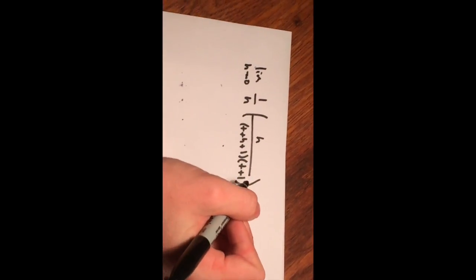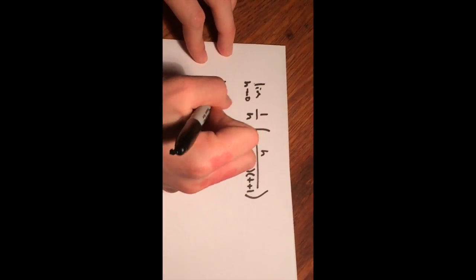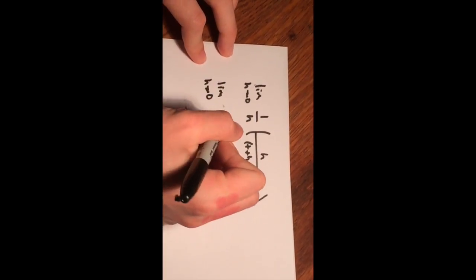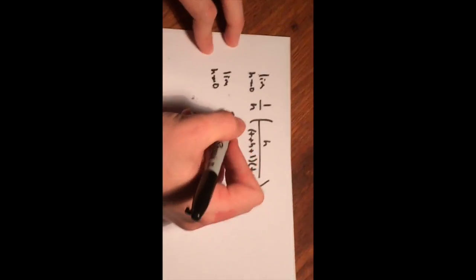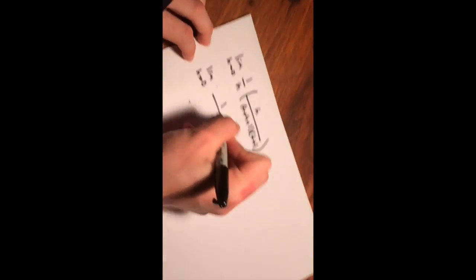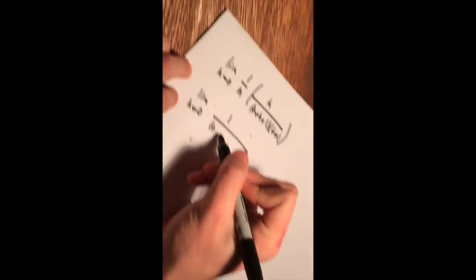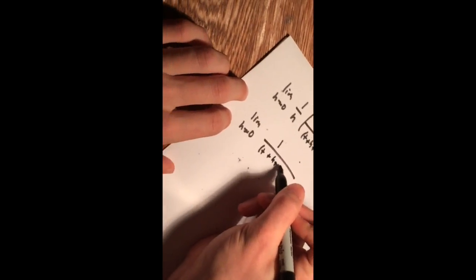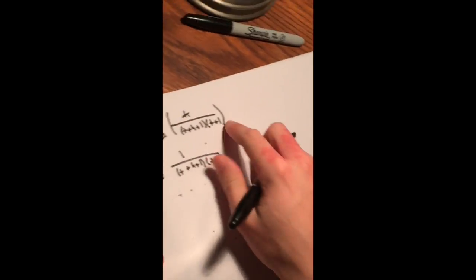Then the next step is fairly simple. It goes like this. So it will go 1 over t plus h plus 1 times t plus 1. The h's cancel, and we're left with 1 over this.